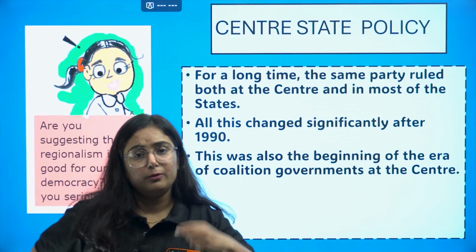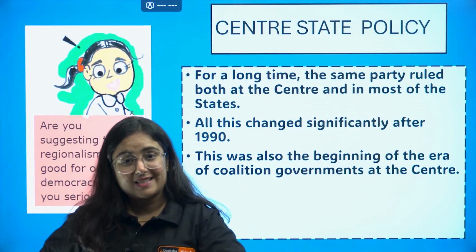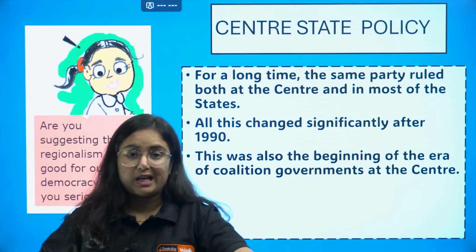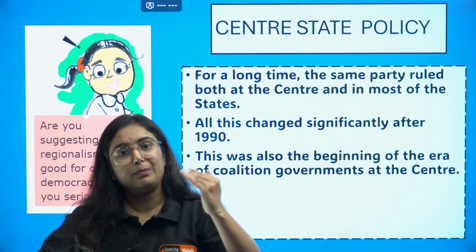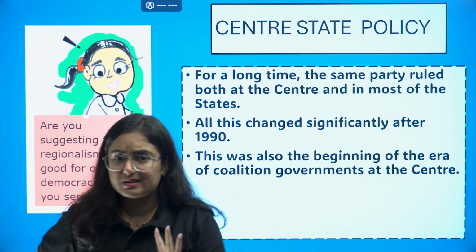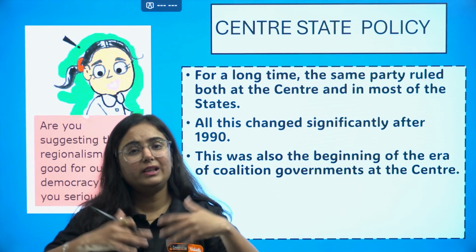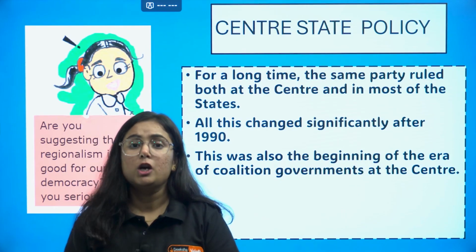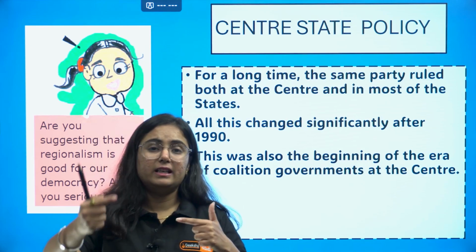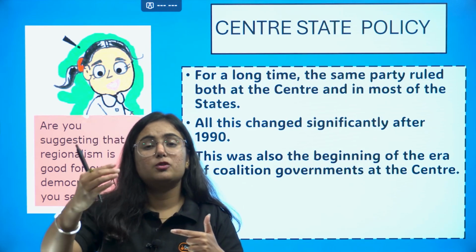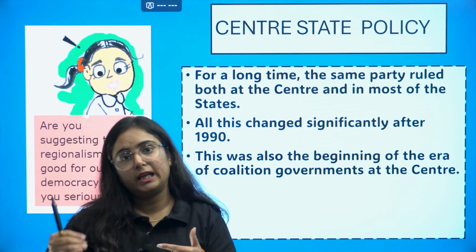We know that states which have the same political party as the center are benefited more in comparison to others. This is a reality, and it will naturally happen. So the relation between center and state should be very balanced to have a democratic India.